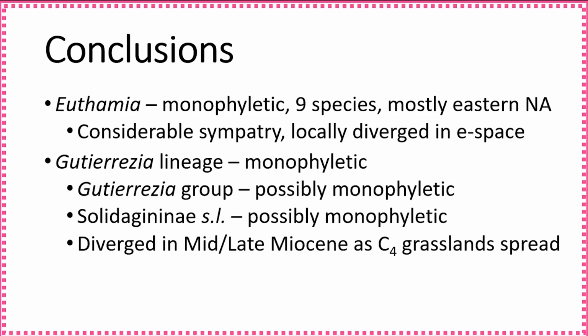And then we see that the Gutierrezia lineage and Solidago and the Stricta are both monophyletic, but it's uncertain whether the subtribe in the broad sense is monophyletic, since we have conflicting cistron and plastome data sets. All of these likely diverged in the mid to late Miocene as the C4 grasslands were becoming a lot more prominent in eastern North America, and that's where a lot of them occur today.